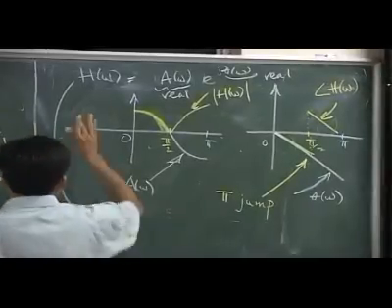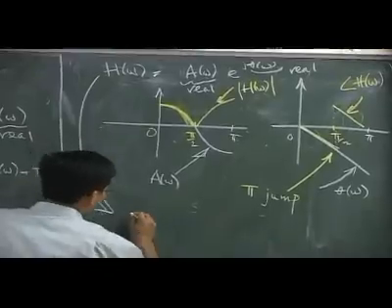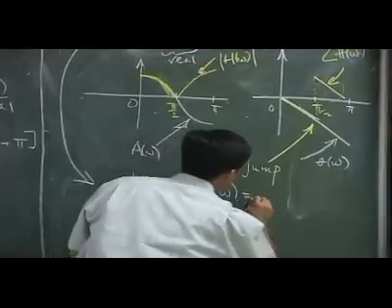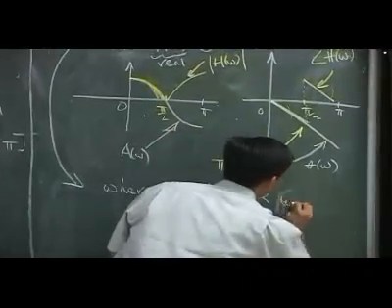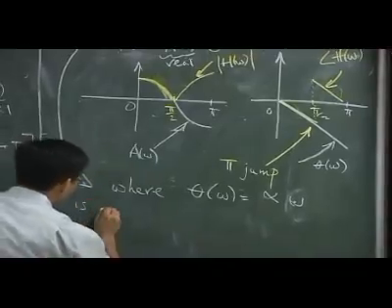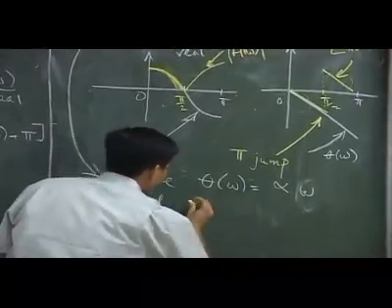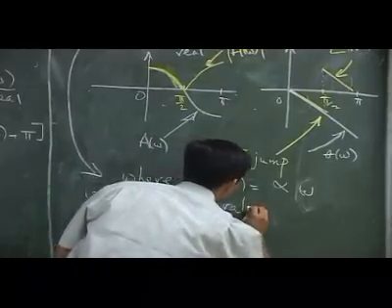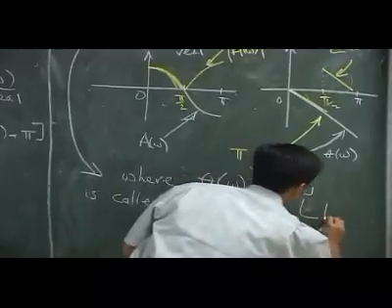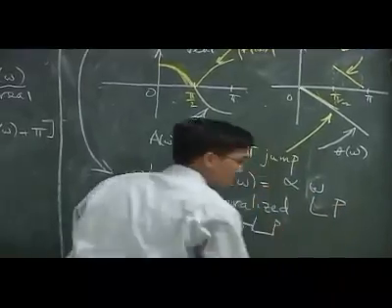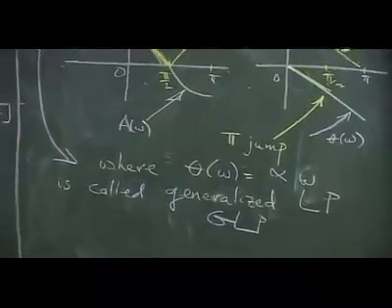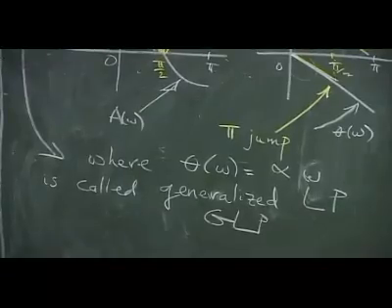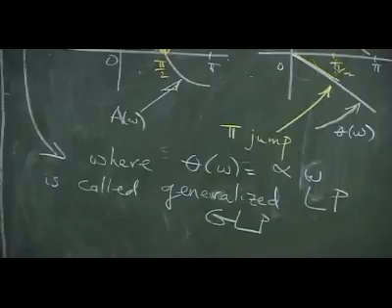The filter having that general form, where theta of omega equals some alpha times omega, is called generalized linear phase, GLP. So the GLP is the generalized version, but it's as good as a linear phase for practical purposes.